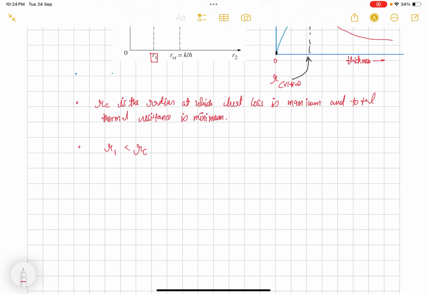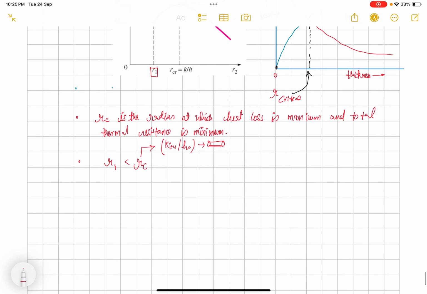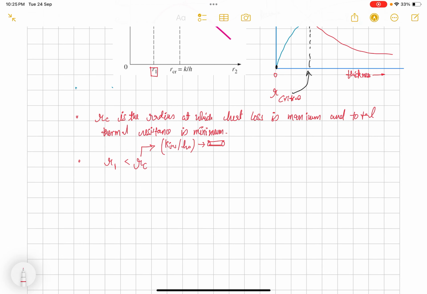We can calculate this for a cylinder. It is k of insulation divided by h naught, the surrounding heat transfer coefficient, for a cylinder. So we can find for each geometry what the critical radius is, right? So let's say the base material size is less than the critical radius.